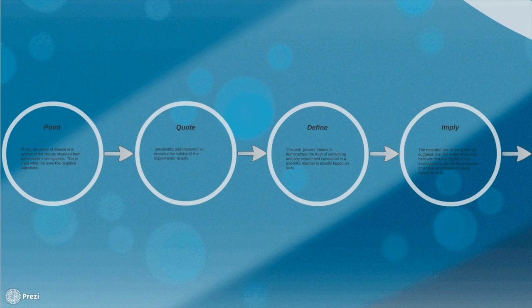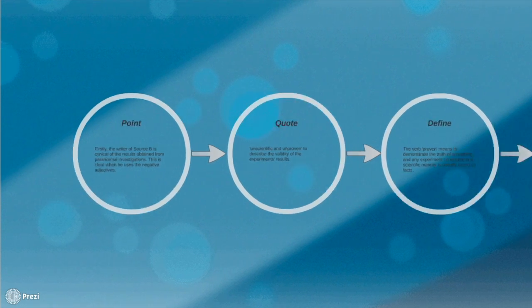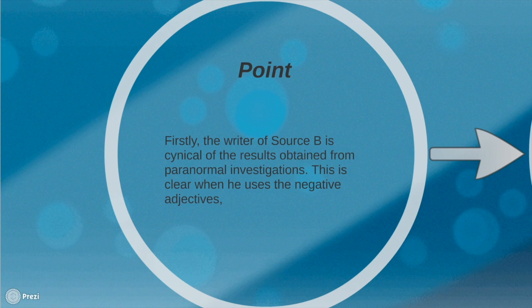So if we consider the question that we were given about how the writer expresses their disbelief in ghosts or paranormal investigations, okay, this is how I would use that paragraph flowchart to write a paragraph for that question. So we need to start with the discourse marker, so obviously it makes sense to start with firstly, seeing as this is the first paragraph.